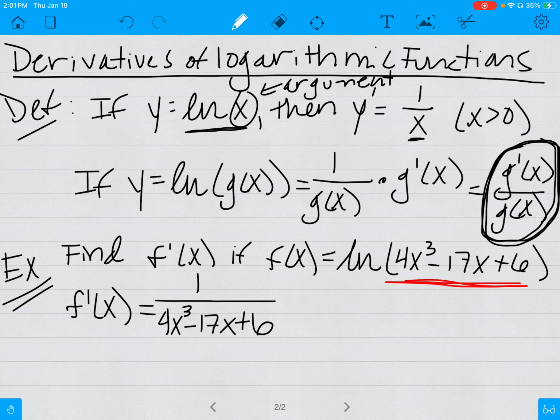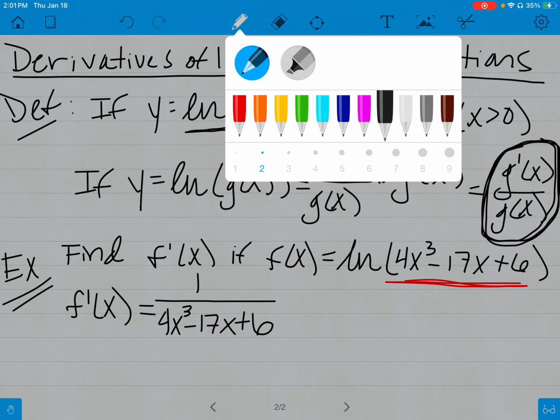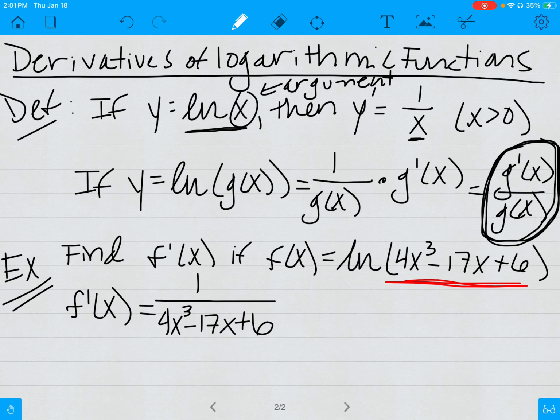But now because that argument in this case is a function, we have to use the chain rule to multiply by the derivative of that function, which in this case, we would bring the 3 down in front. 3 times 4 would be 12 x to the 3, and then we'd subtract 1 from the power. 3 minus 1 would be 2.